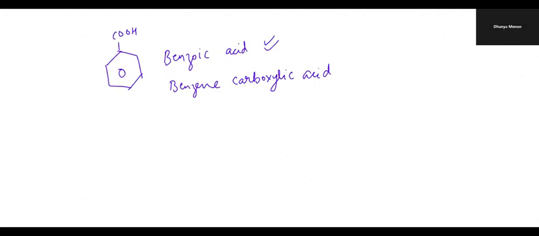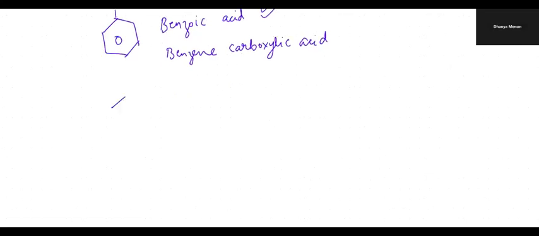The next one is C double bond O Cl. Okay. So here, the IUPAC name is benzoyl chloride. Benzoyl chloride. This is the more common IUPAC name.